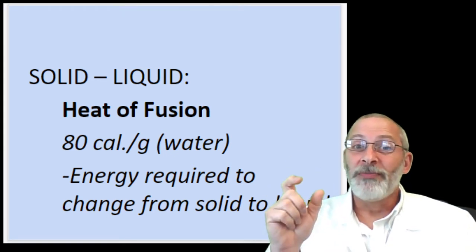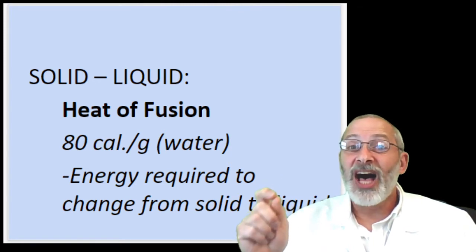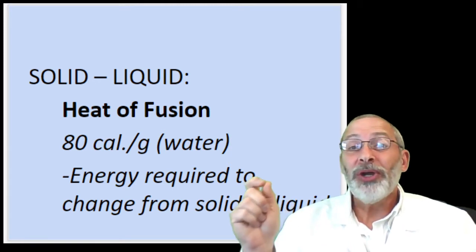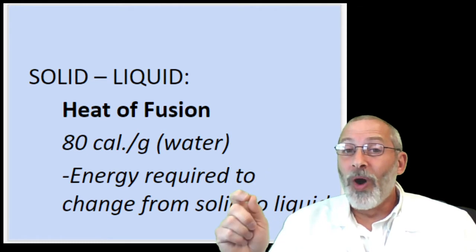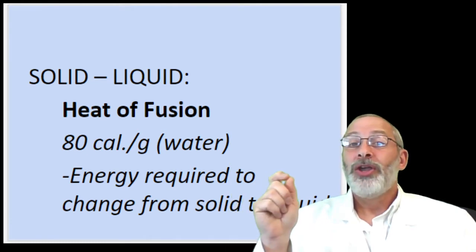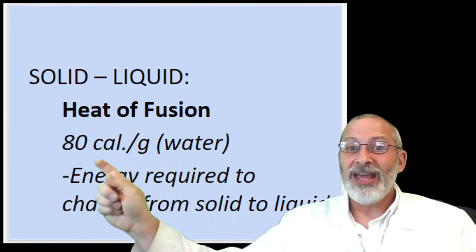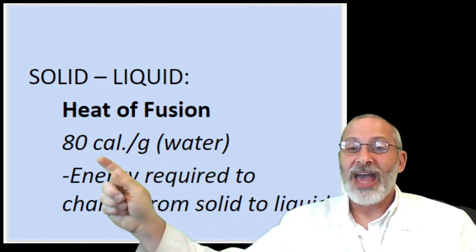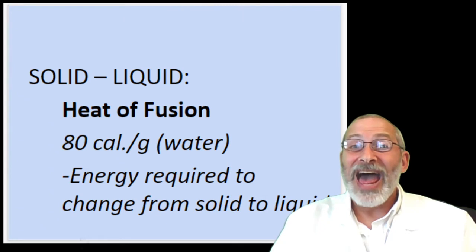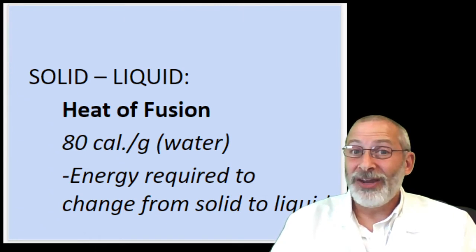To go from 0 degrees ice to 0 degrees water, the temperature doesn't change at all, and yet we still have to add 80 calories of heat energy per gram.